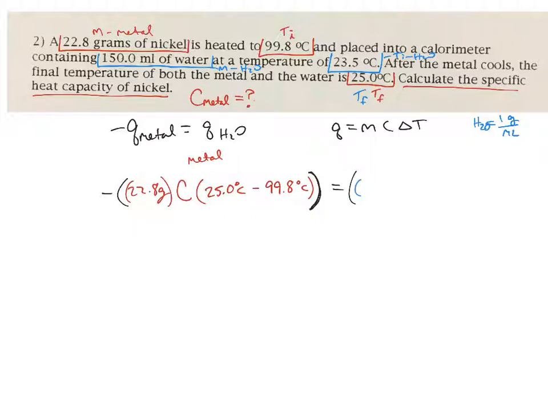So I've got my 150 grams of water times my specific heat capacity, which is, let me make sure my brain is not turned off. Yep, 4.18. So times 4.18 joules per gram degrees Celsius times the change in temperature, again, which is T final minus T initial. They had the same T final, so there's our 25 degrees C minus the initial temperature of the water, which was 23.5 degrees C.